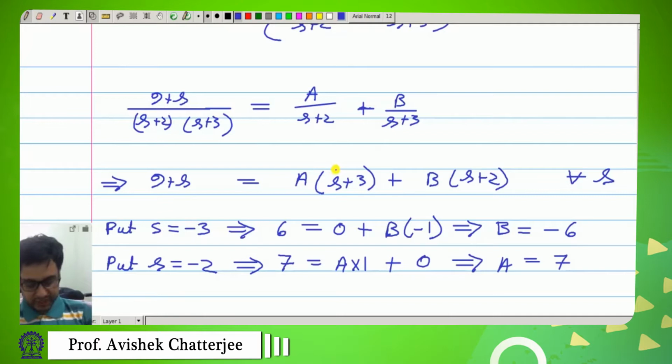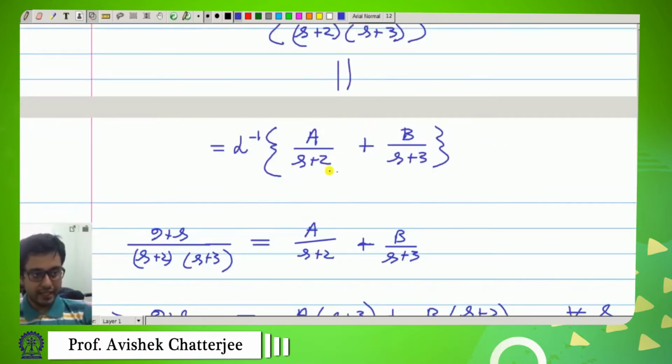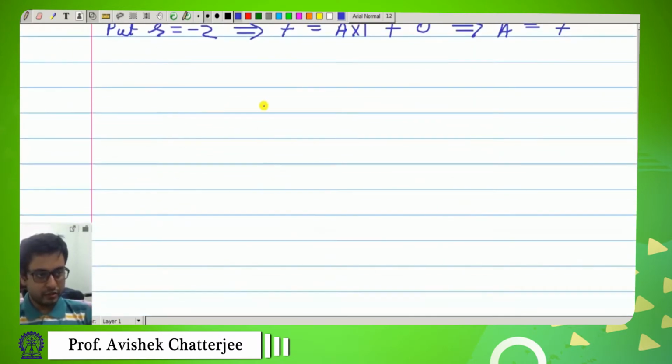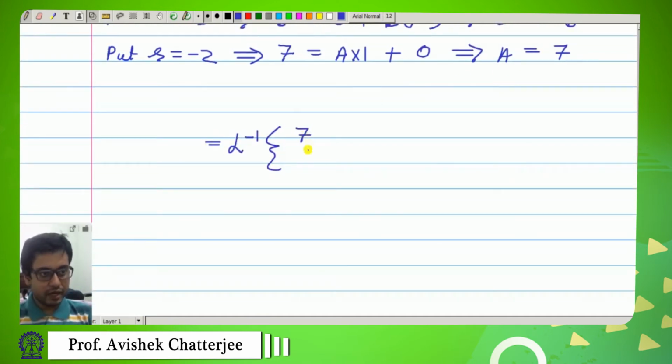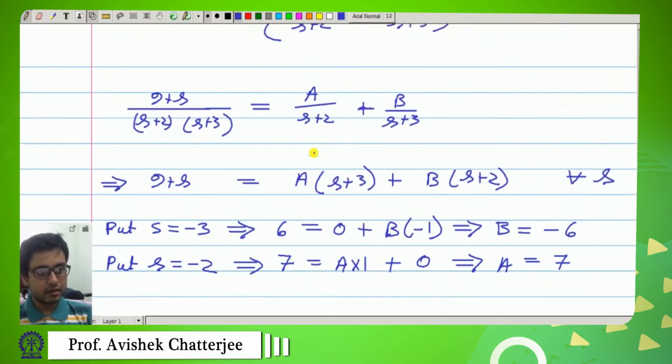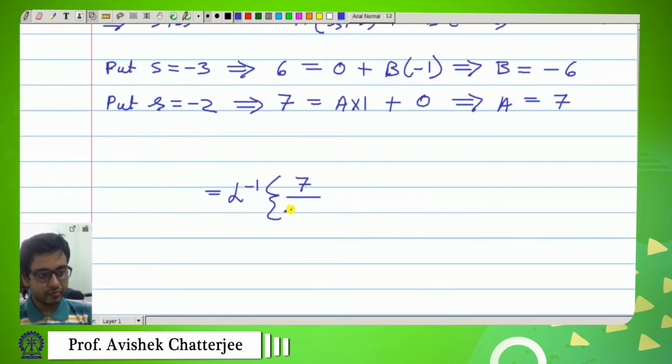Okay, so from this let us go back here and put the values of a and b. So we will have 7 by s plus 2 and b is minus 6 by s plus 3.